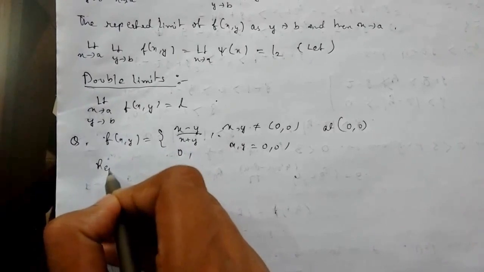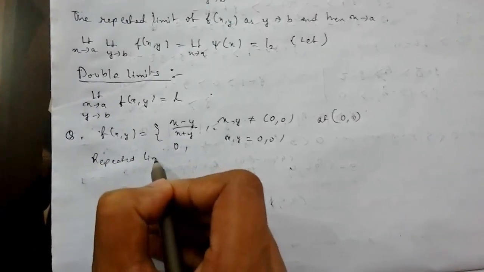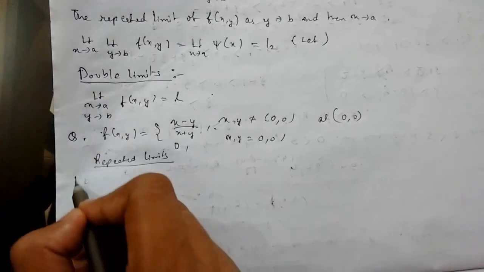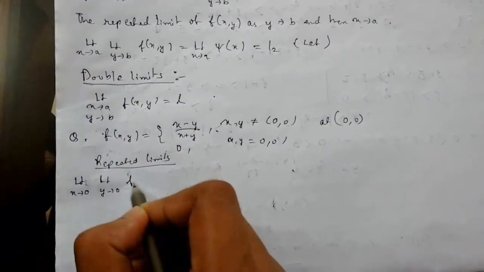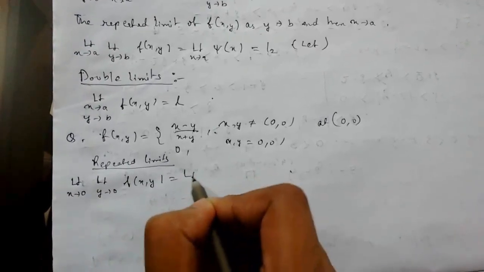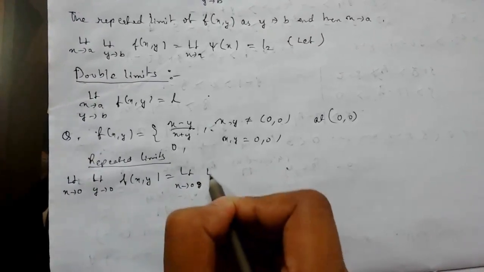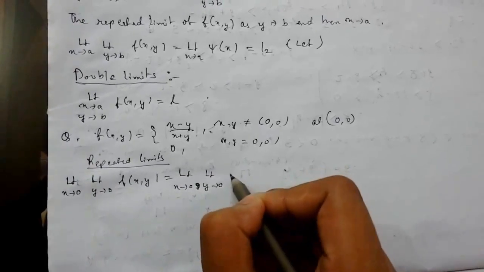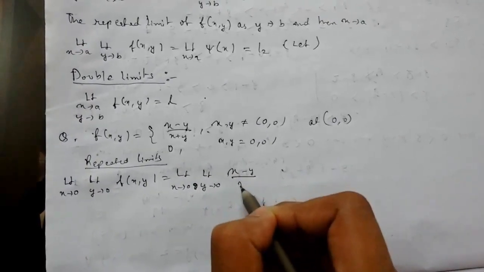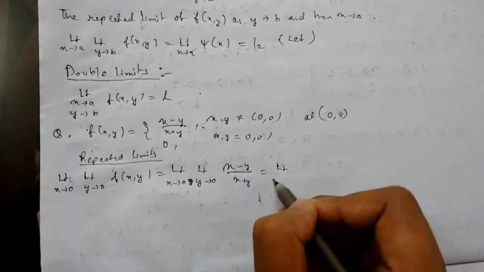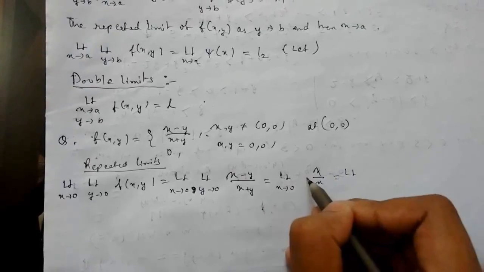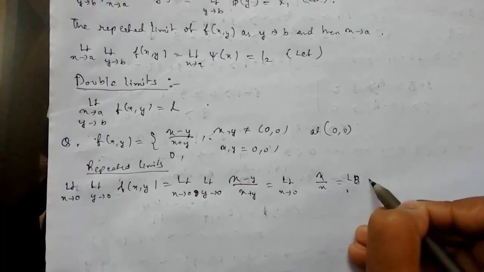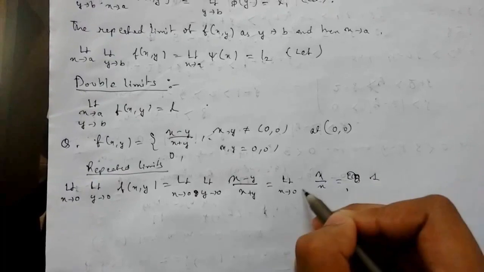So first we'll check the repeated limits. First x tending to 0, then limit y tending to 0 of f(x,y), that is equal to, so this will be x minus y and this will be x plus y. So putting the value of y, we get x upon x, then putting the limiting value we get 1, as this gets cancelled.